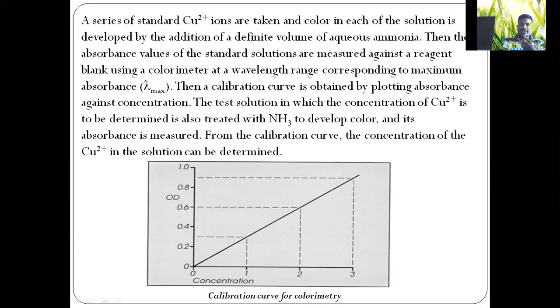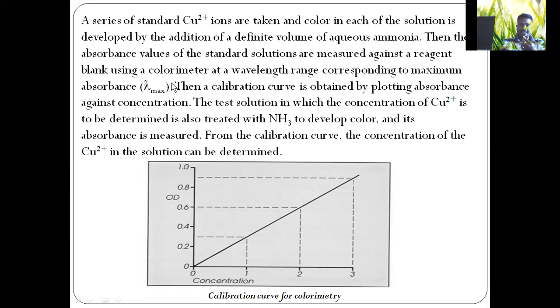In this experiment, a series of standard copper 2 plus ion solutions are prepared, and color in each of the solutions is developed by the addition of a definite volume of aqueous ammonia. Then the absorbance values of the standard solutions are measured against a reagent blank, using a colorimeter at a wavelength range corresponding to maximum absorbance.